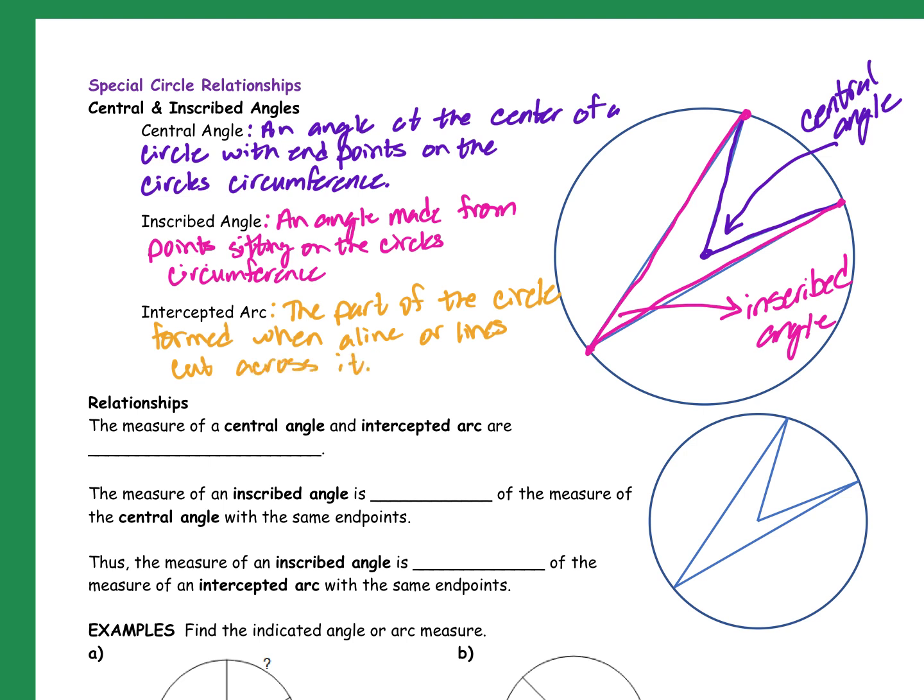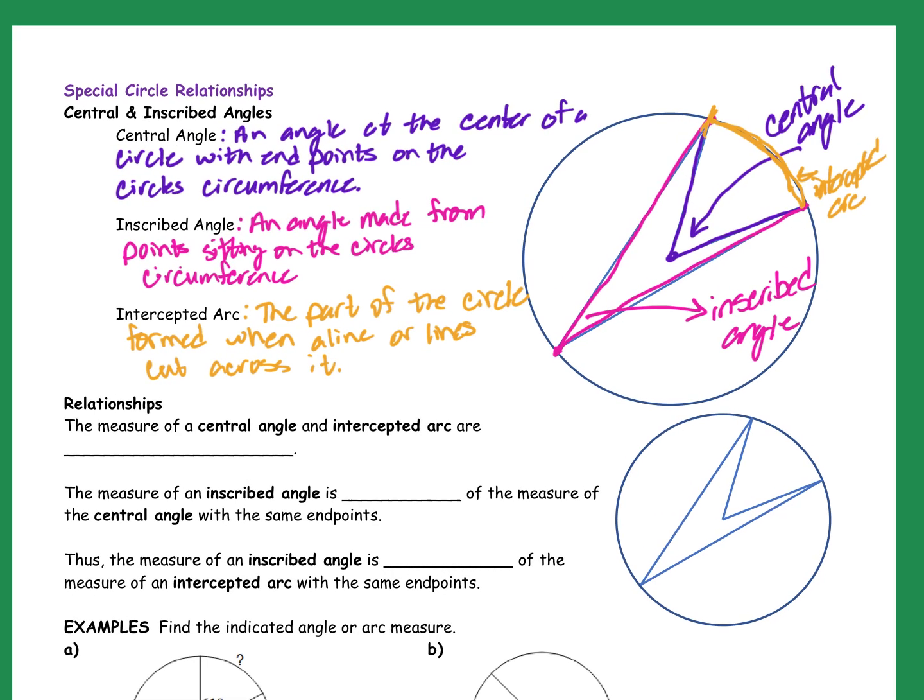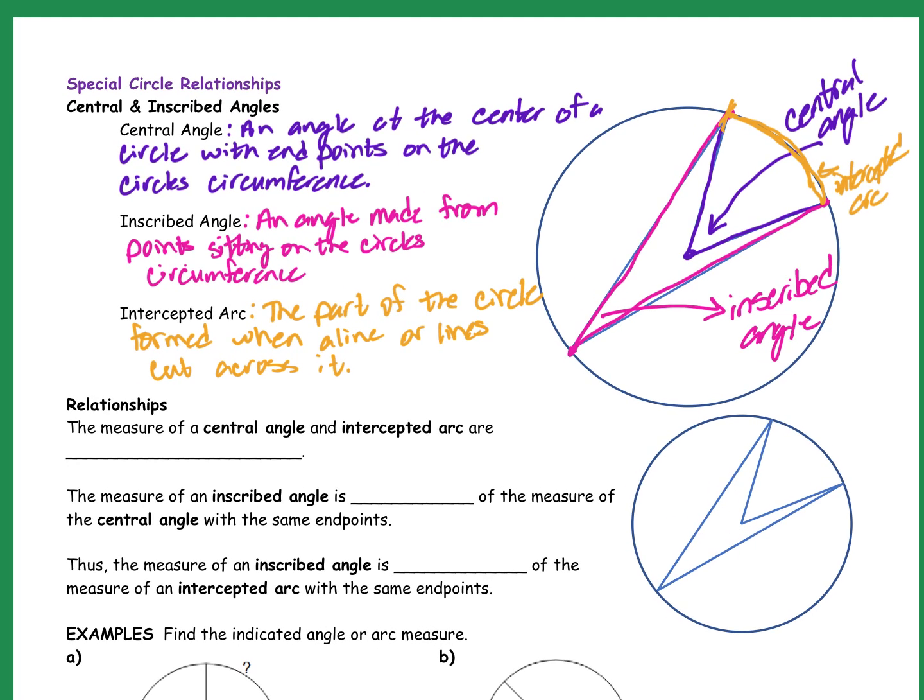If I'm looking at my picture again, from this point, this is a line, right? These are lines, and here's my other two lines. So this arc right here is called my intercepted arc, and I cannot spell, and I tried to squeeze it in there, sorry. Intercepted arc, because it's the arc that's contained in the angles. Okay?